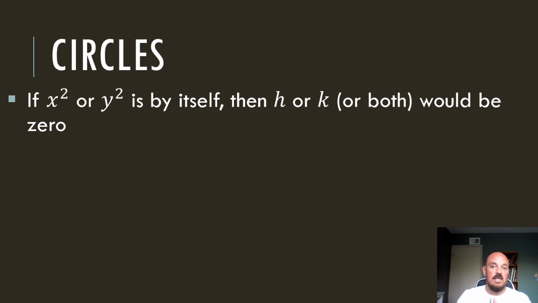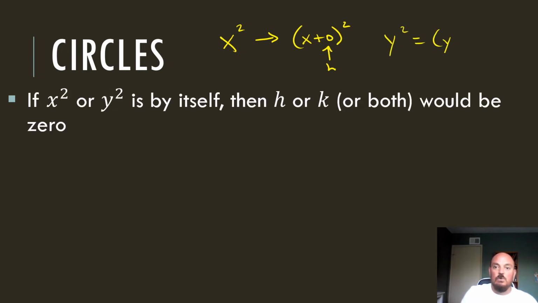It's basically saying, if I have x squared, that's the same as saying x plus 0 squared, and then h would be 0. Or if I have y squared, well, that's like having y plus 0 squared, so then k would be 0. So we're saying if you have the x or the y by itself and you're not adding anything to it, then the h or the k would be 0.